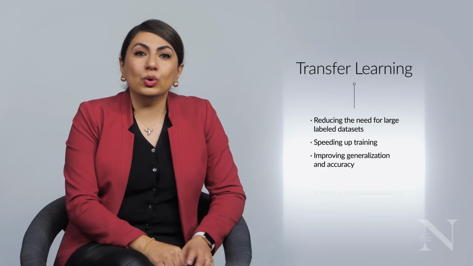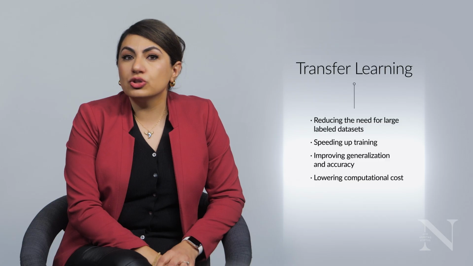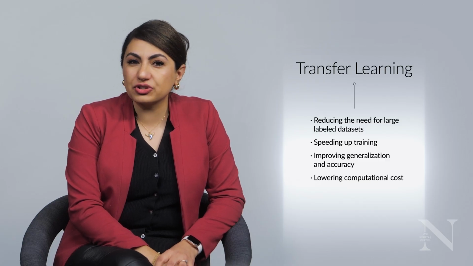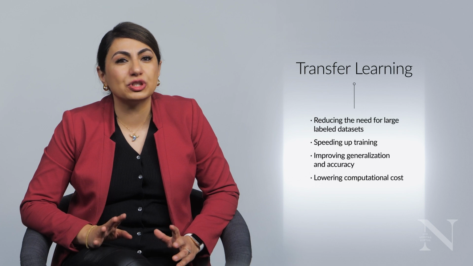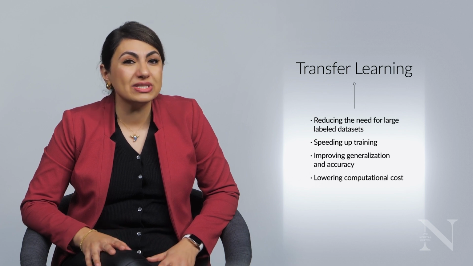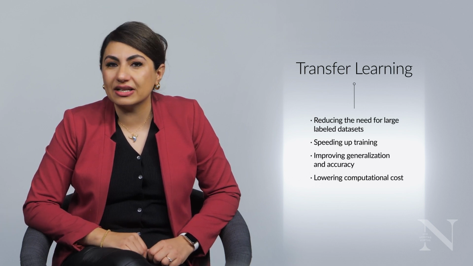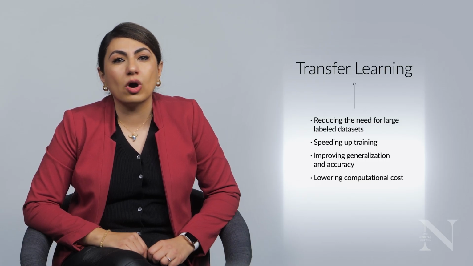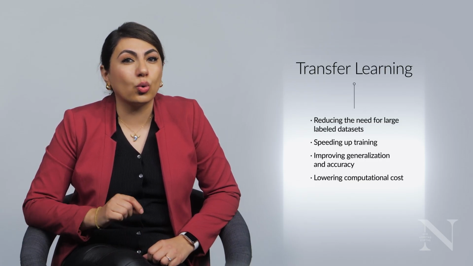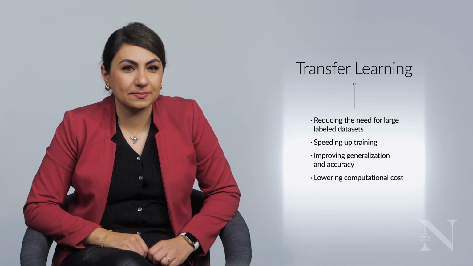And 4, lowering computational costs. Training deep networks from scratch requires massive compute resources. Imagine thousands of GPU hours. By reusing pre-trained models, transfer learning significantly reduces computational overhead while achieving comparable or better performance.